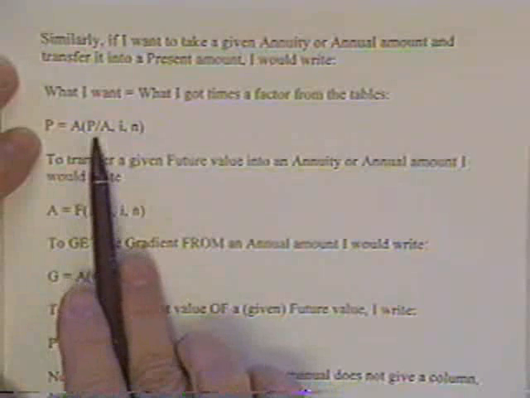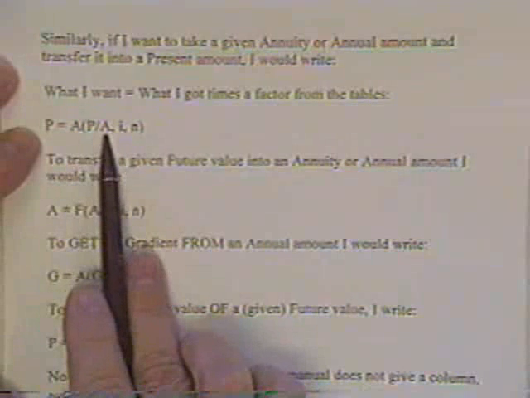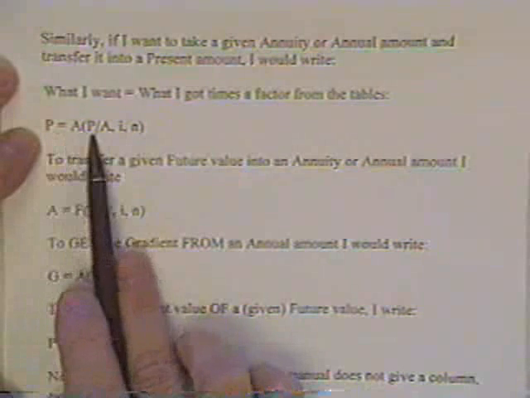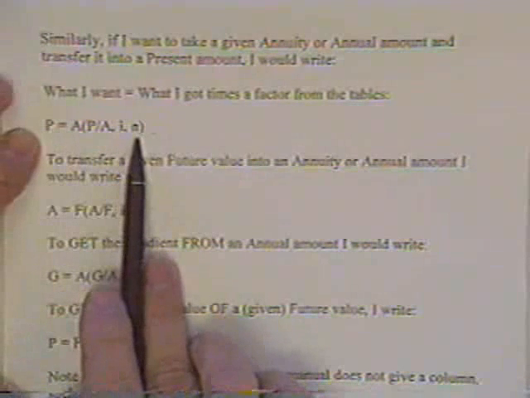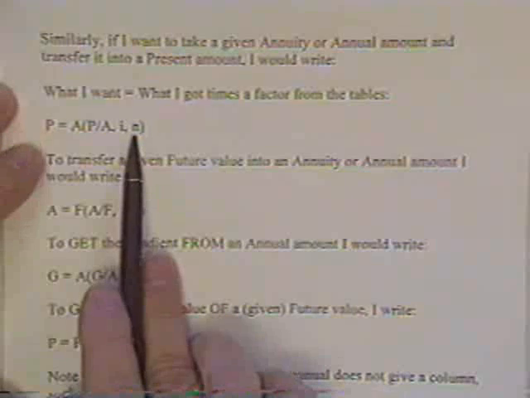You multiply times P over A because the A's appear to cancel, thereby leaving P, what you're looking for, at some interest rate for some number of payment periods or maybe some number of years.